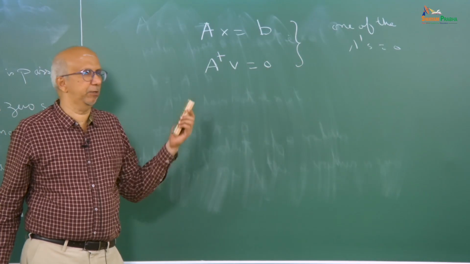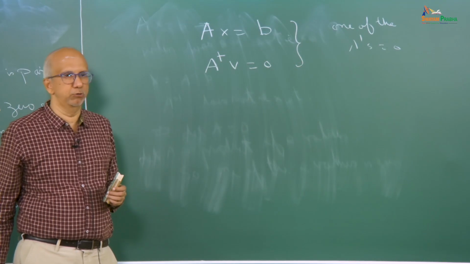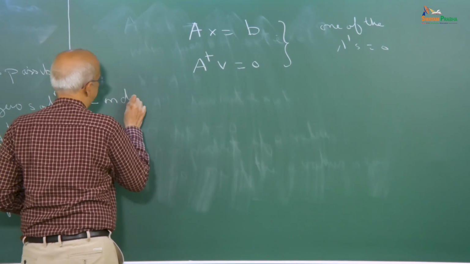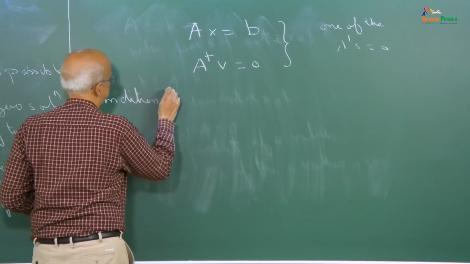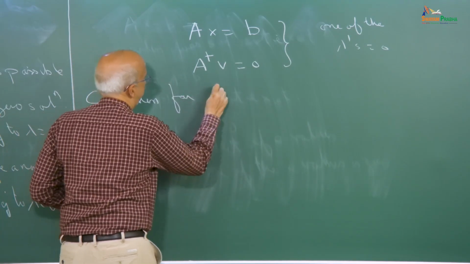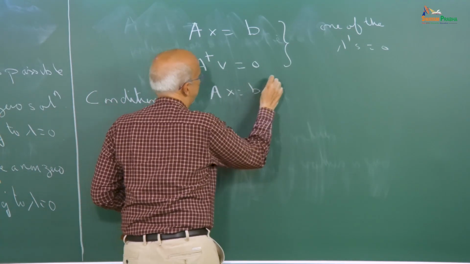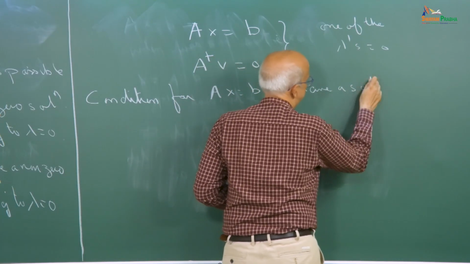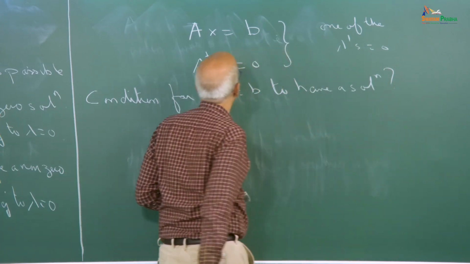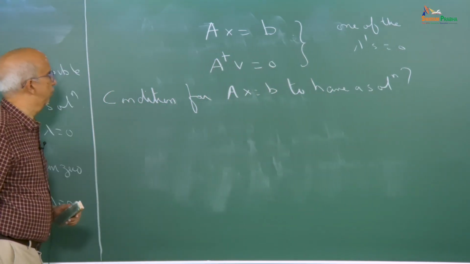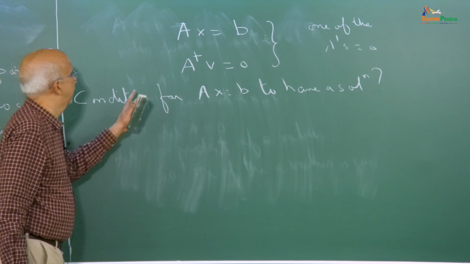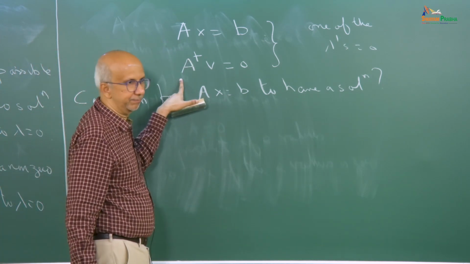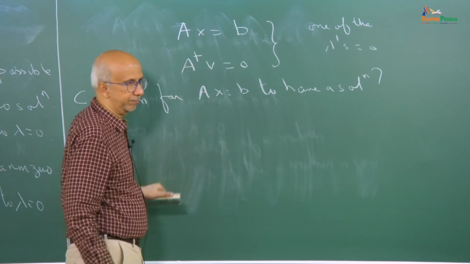When does this equation Ax equals b have a solution? What is the condition for Ax equal to b to have a solution? So, what I am going to do is I am going to take the inner product of this with v and inner product of this with x and subtract, okay.